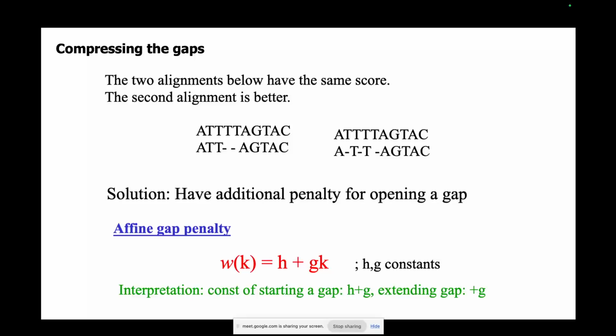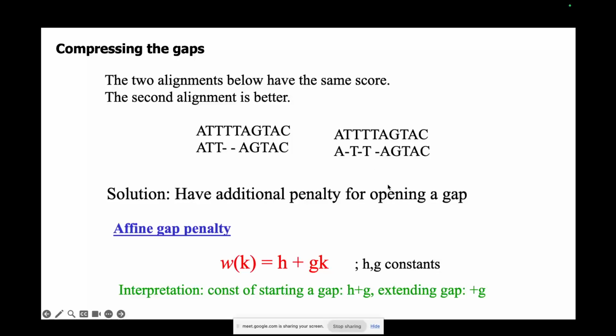So say for example, these two alignments look very similar. In the first case, there is a continuous gap of 2. These two T's have been deleted. And in this case, the 3 T's have been deleted, one after another.